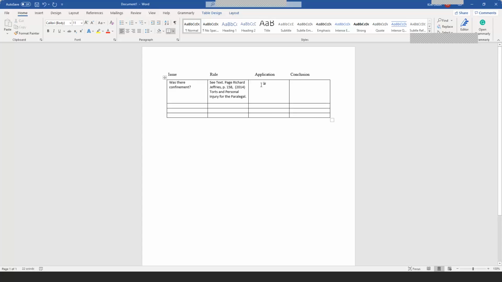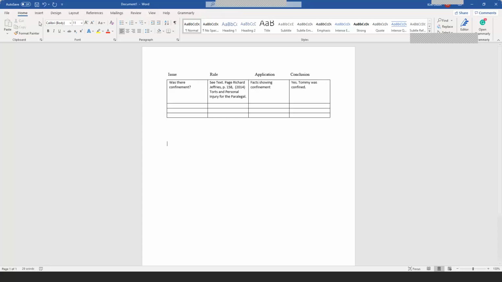Application would be facts showing confinement. Conclusion, yes. Tommy was confined.